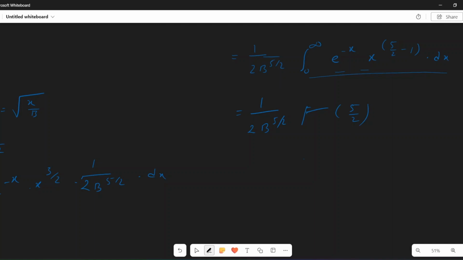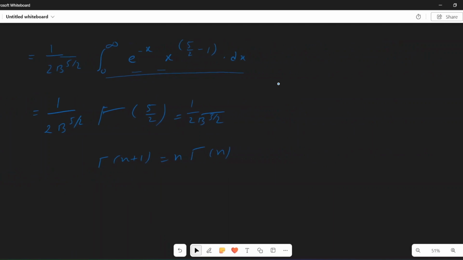We have already read in the gamma function that gamma of n plus 1 is n times gamma of n. So we can write 5 by 2 in the manner of 1 by 2b to the power 5 by 2 into gamma of 3 by 2 plus 1.